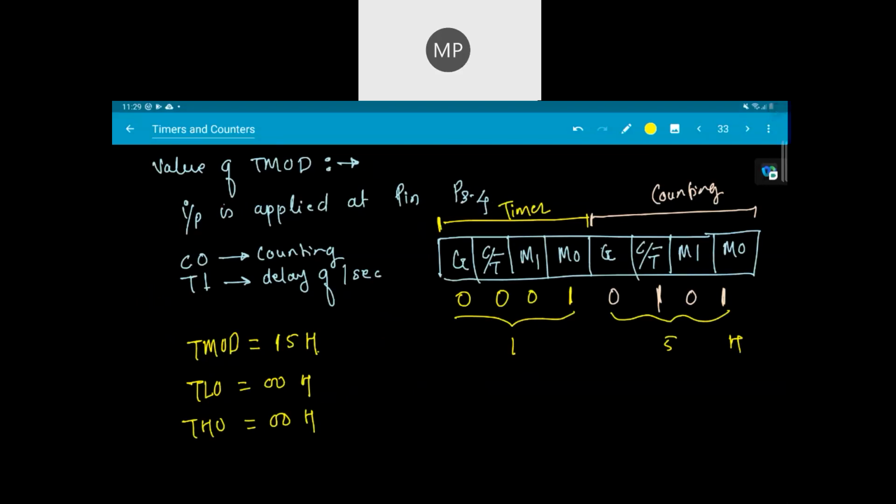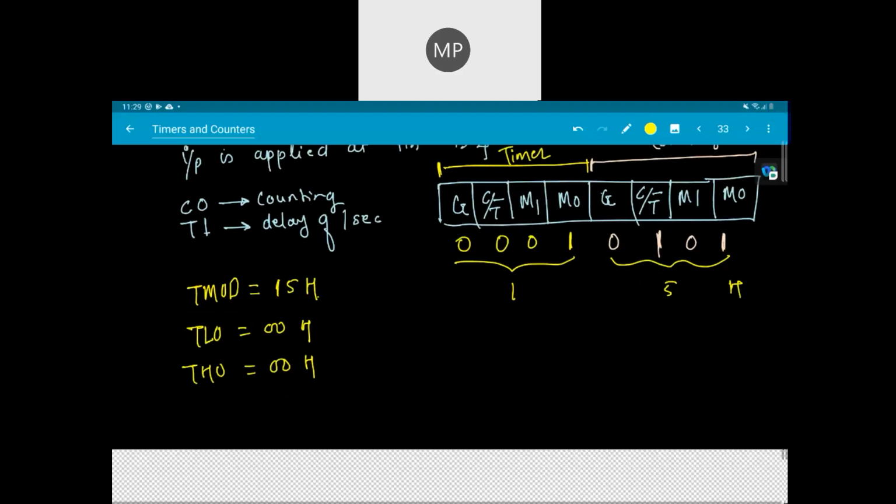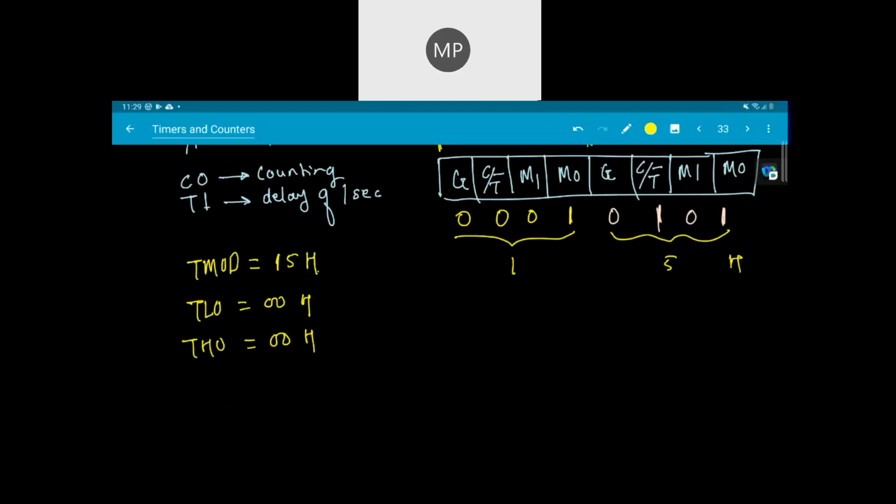Now to generate a delay of 1 second, we know from the previous lecture that we should be loading TL1 equal to 00H and TH1 equal to 00H, and then we will be repeating. This is generating the maximum delay equal to 65.535 milliseconds, right?